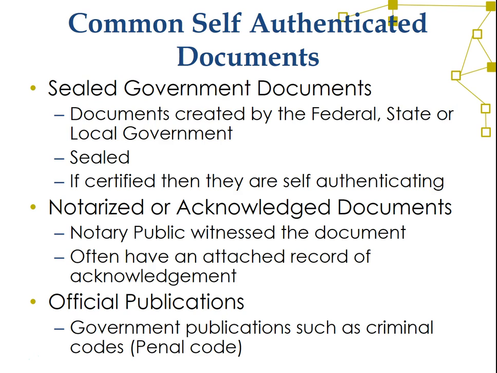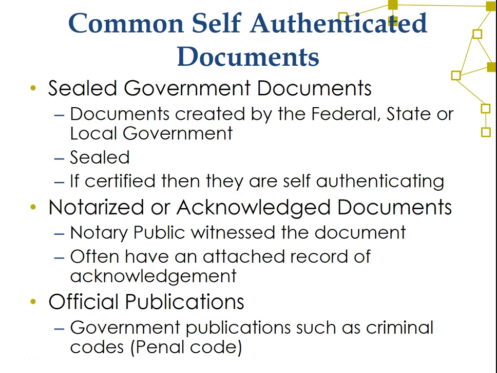So sealed government documents. As used here, government documents include all public documents that are made by the federal, state, or local governments. Now, these government documents are self-authenticating if they bear an official seal and are signed by someone with authority to state that the document is genuine.